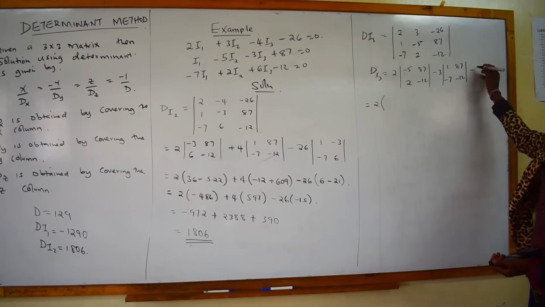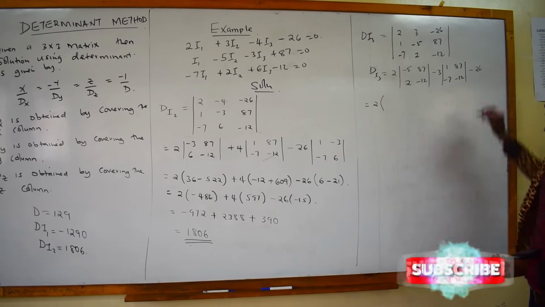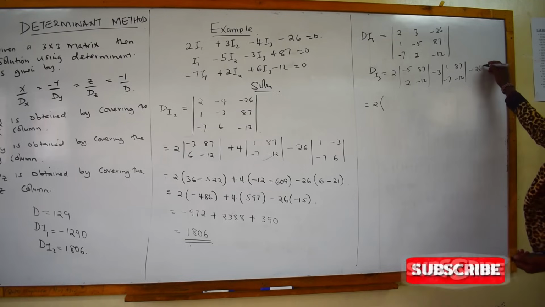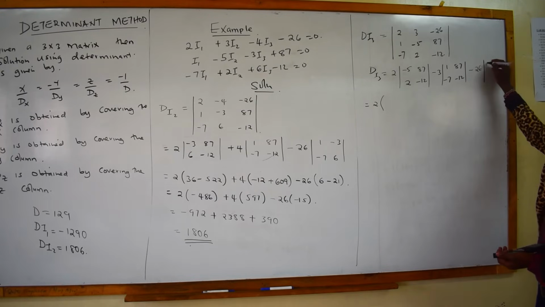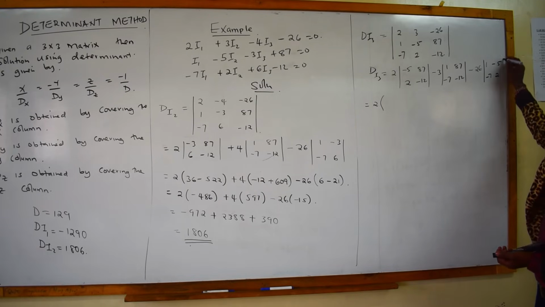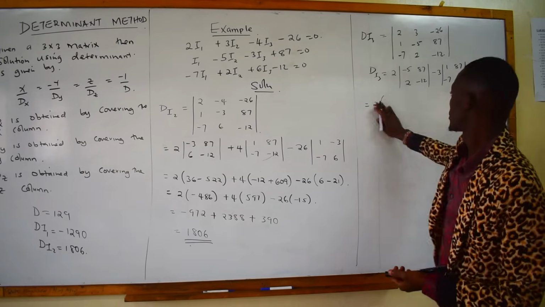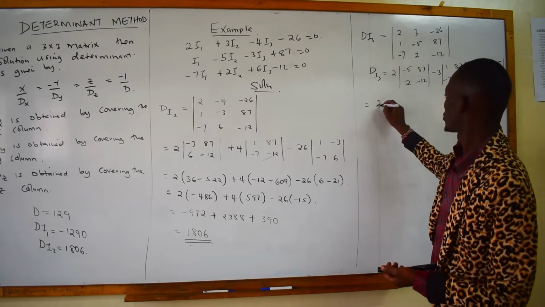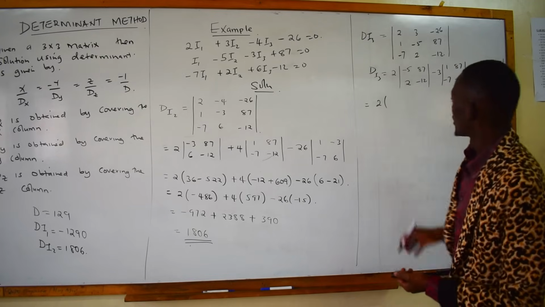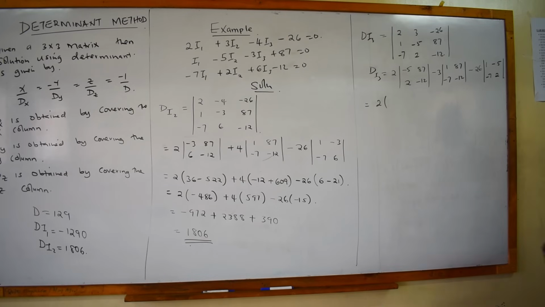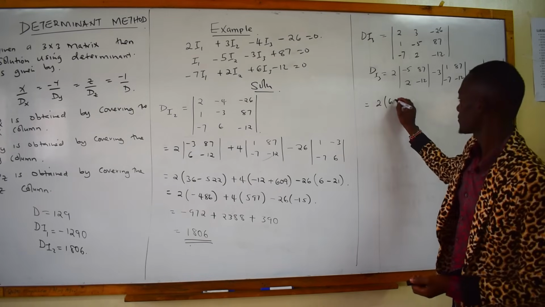Then subtract, so we have negative of 20, negative of 26. Then we have 1, negative of 5, negative of 7, and 2. We shall have 2. Now we have negative 5 times negative 12, that gives you 60.